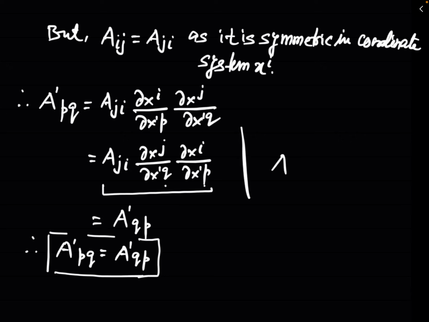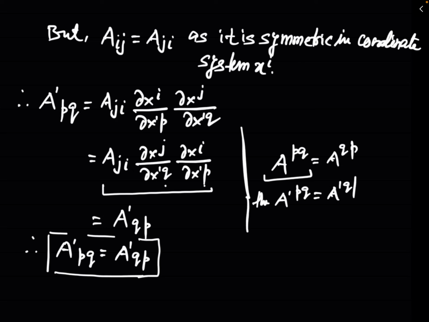You may take a tensor like this, A super PQ, and then you can prove that if A super PQ is equal to A super QP, then you can prove that this A prime super PQ is equal to A prime super QP.